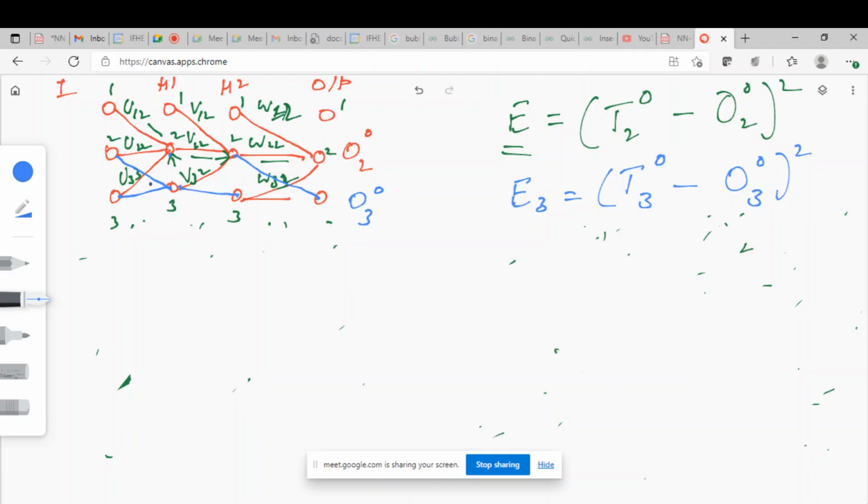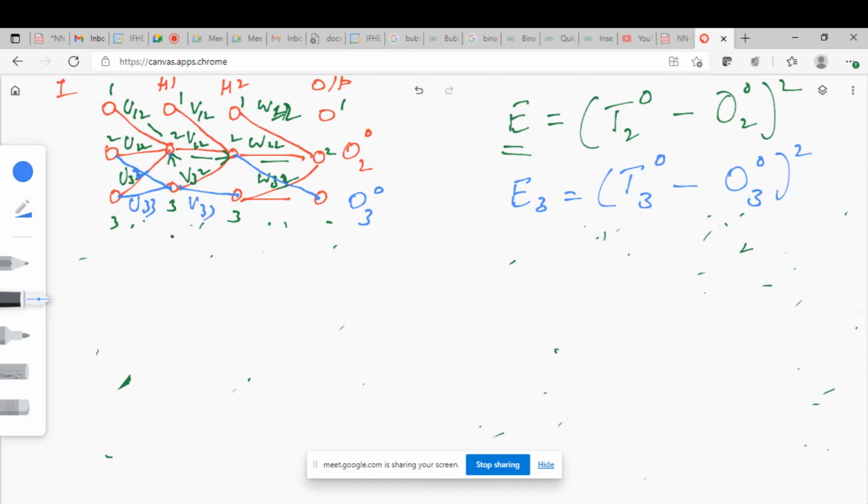This is not U32. Previously, this should be U32; we marked this as U33. Actually, this is U32. Am I right? This is the third neuron of the input to the second neuron of the hidden layer 1. So this should be U33. Let us call this U33, and this weight is V33.